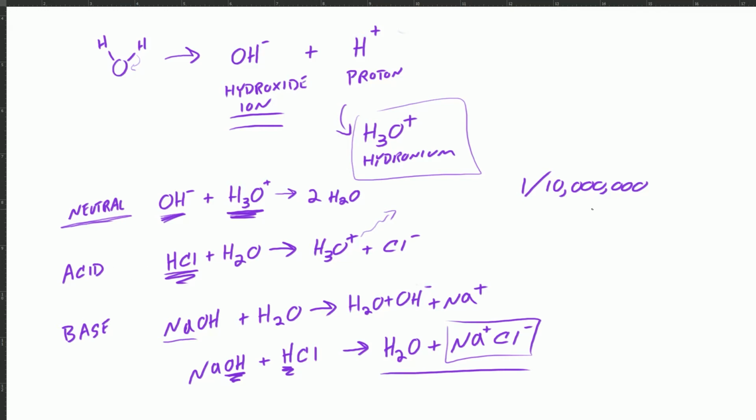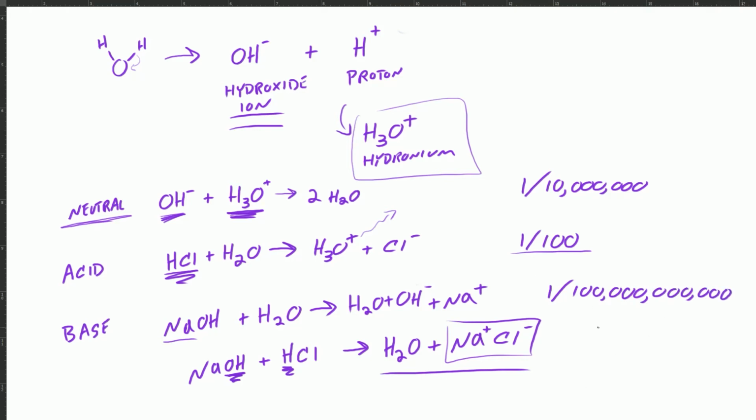So 1 in 10 million. Now, in an acid, with HCl in the mix, we would actually find maybe something more like 1 in 100. Whereas with a base, we would find something more like 1 in 100 billion. So it's going to be very, very, very rare.